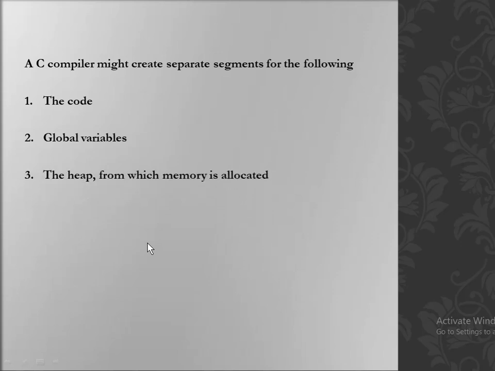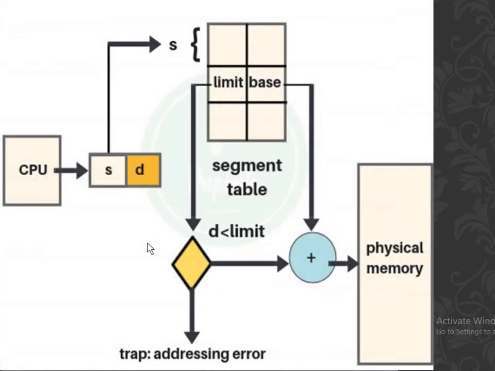In a similar way, the heap used by that particular program, all the information present in the heap, will be grouped into the third segment, and the stack information and stack values will be in the fourth segment, and the standard libraries used by that program are stored in the fifth segment, right?